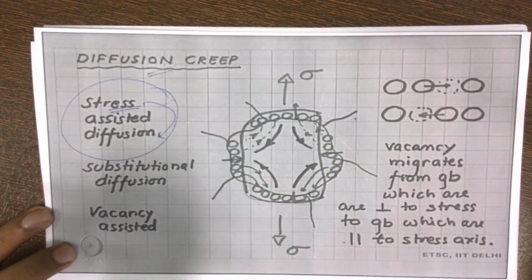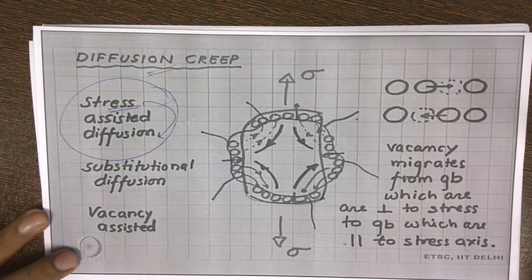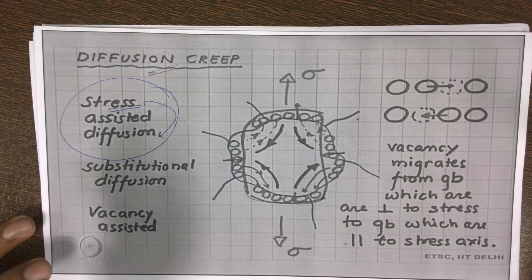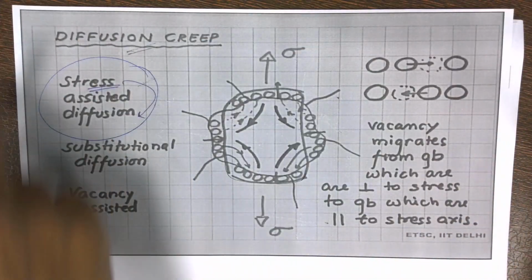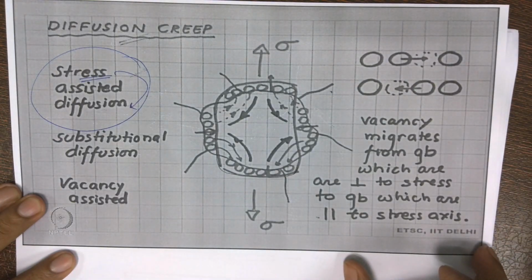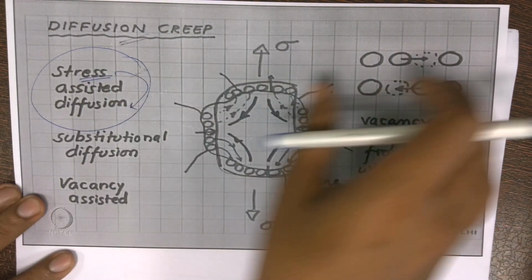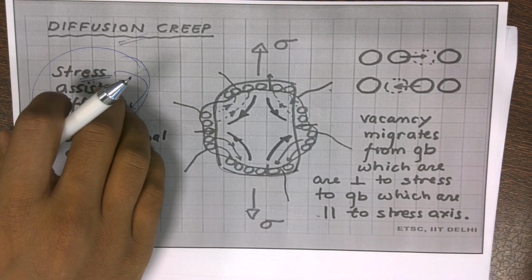So the gradient is there in the stress. One can create a gradient in multiple ways. For example, with temperature. Let's say this page is my material. Here the temperature is high and here the temperature is low. What will happen? Here the diffusion will be faster, here the diffusion will be slower.